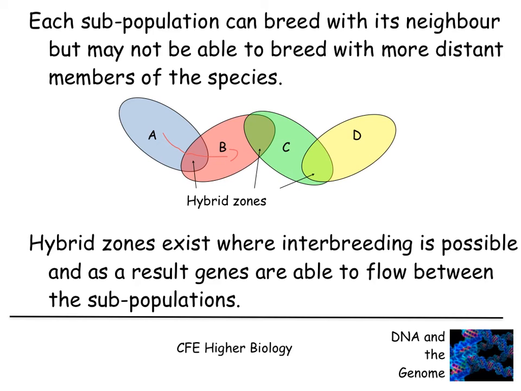And because the B population breeds with the C population, although there's no direct breeding, some of A's genes will flow through to C. In the same way, B's genes will flow through there as well. And then some of these C genes will flow through to the D population. So you get this flow through the subpopulations, and in the same way, D's genes will flow back the way to A.